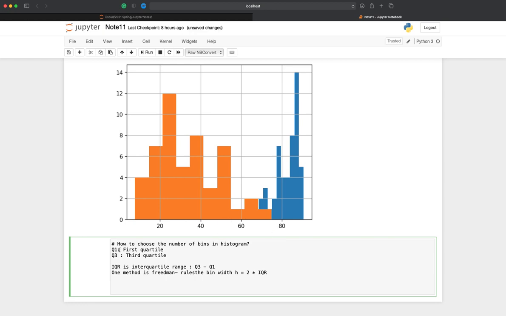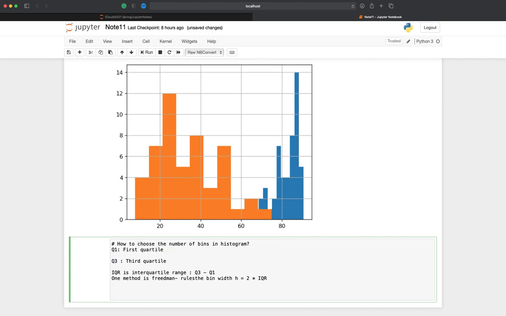So Q1 shows that 25% of the data set is from the minimum to Q1. Then Q3 says 25% of observations are from Q3 to the maximum. And then what is Q2?